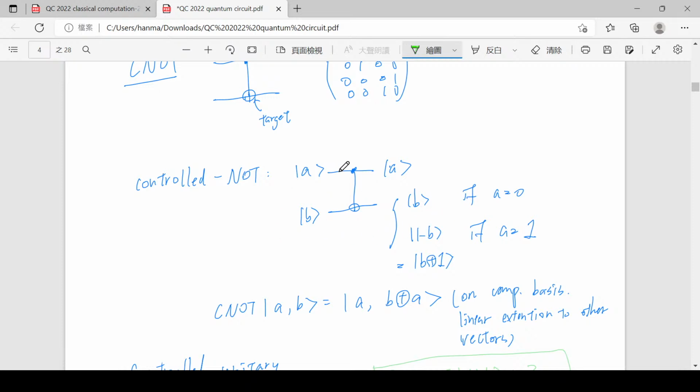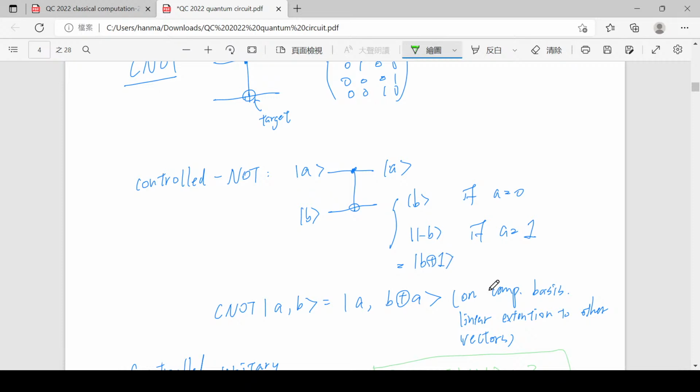That's why it's controlled. And if it's 1, then you apply this NOT gate, so we flip the B bit. That basically changes B to 1 minus B, because you want to change 0 to 1 and 1 to 0. You can also write that as B XOR 1.